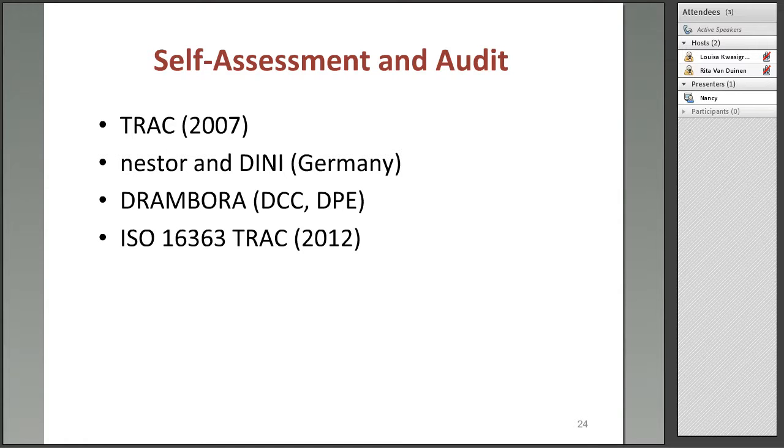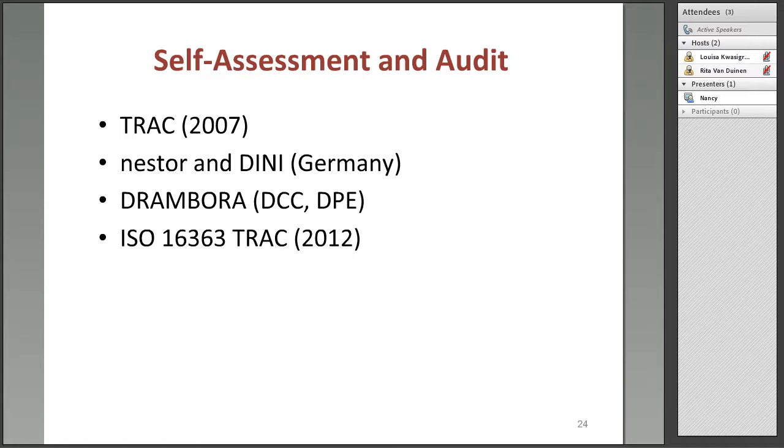If that hadn't happened at that moment in time, our community would have all different threads of certification and assessment going on. So the 10 principles provide a basis: these are some root things that people really, really need to do. Drambora is a tool that does a specific part of it. It is based on TRAC. And there's a real commonality between the Nestor catalog and the TRAC requirements. So these threads came together around then.